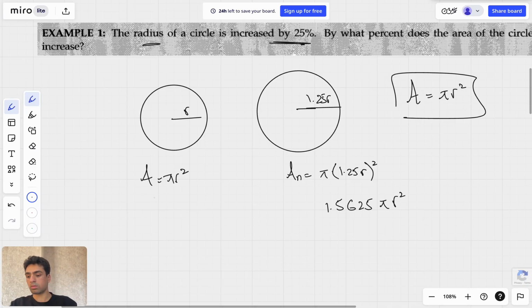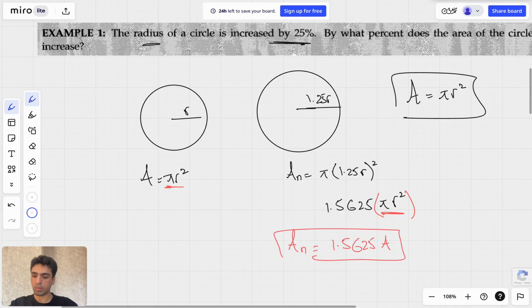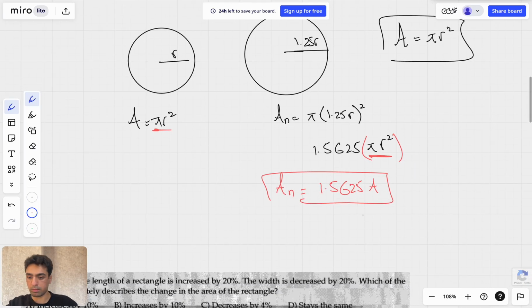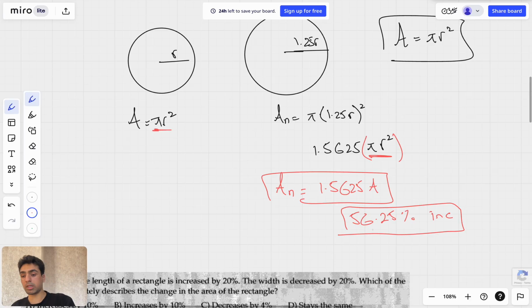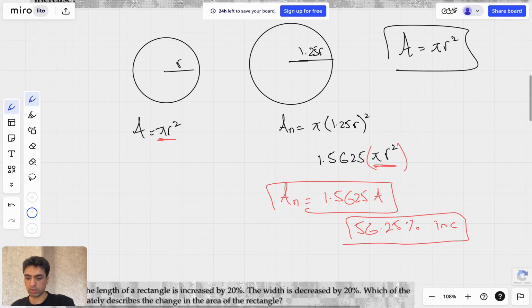The original area was pi r squared, and the new one is 1.5625 times the original, which basically means it is a 56.25% increase over the original area. So if you increase the radius by 25%, the area is going to increase by around 56%.